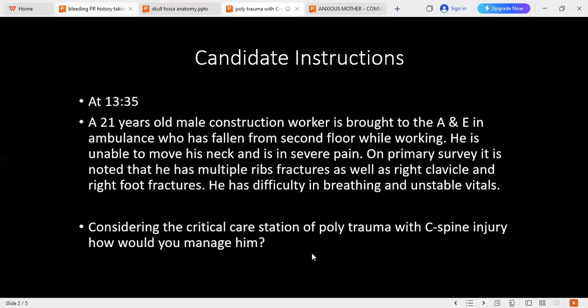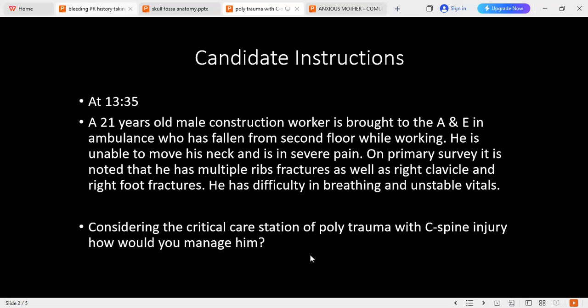Greater than 40 actually, for it to be grade 4. What about the pulse and the blood pressure? Pulse would be more than 140, and blood pressure would be deranged, less than 90. Less than 70, 40.